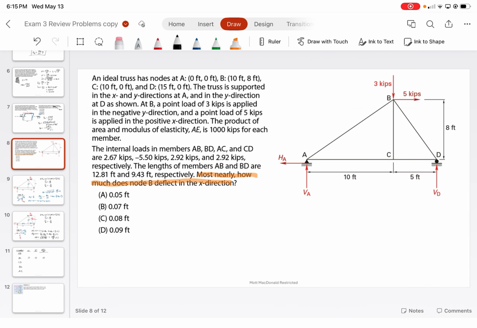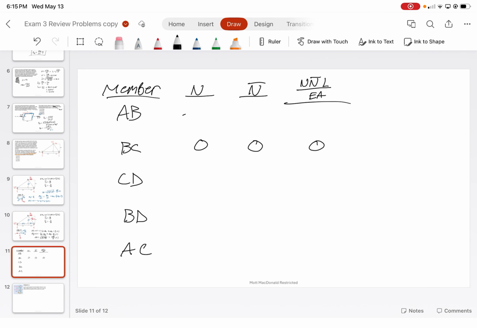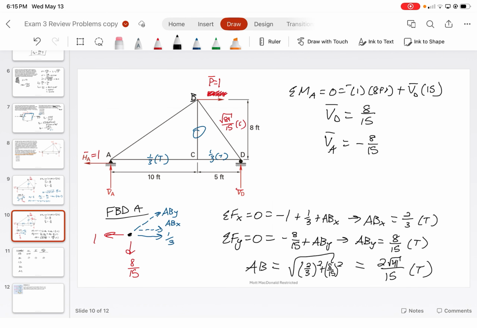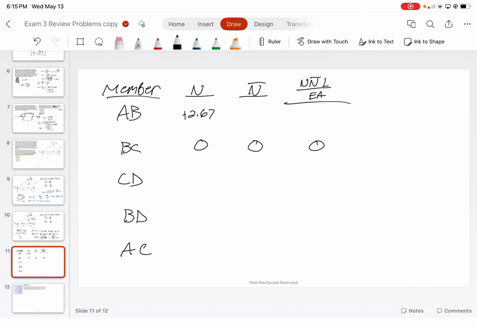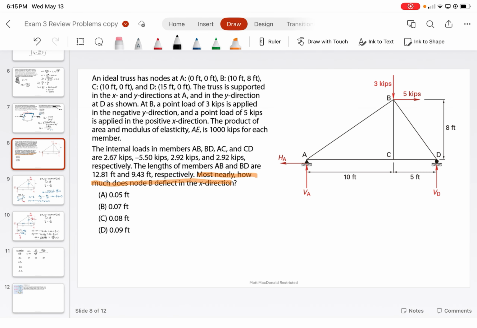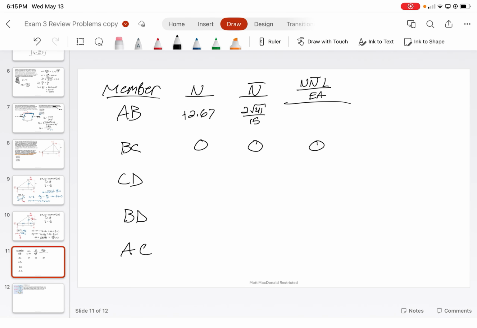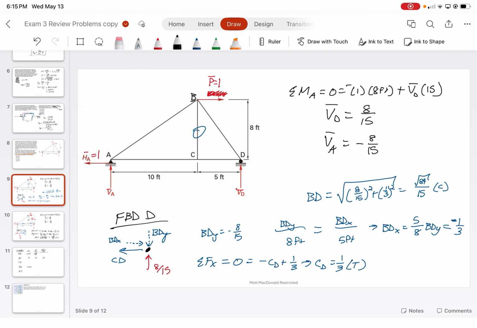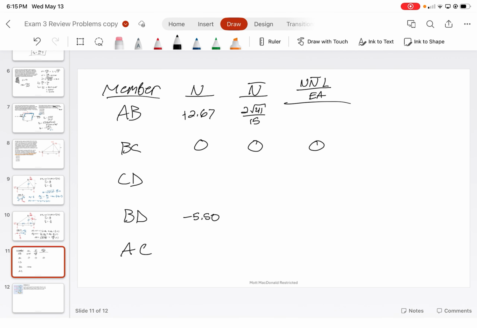Remember, AB was specified as positive 2.67 kips. N bar for AB was 2√41/15. For BD, I'll say, it is -5.50 in compression. But N bar for BD was calculated as √89/15 in compression, which, because it was in compression, I throw a negative sign there.